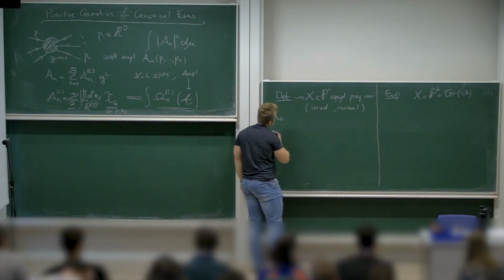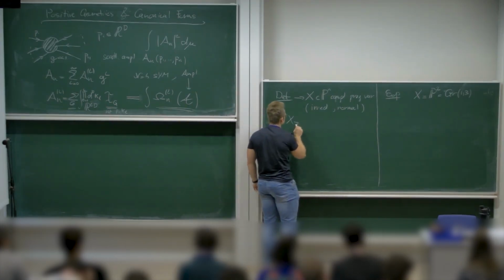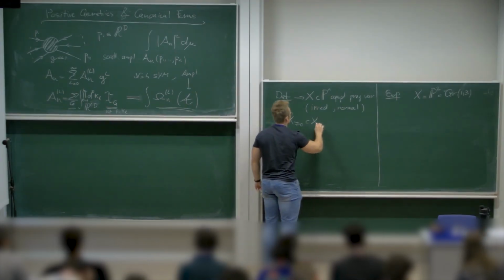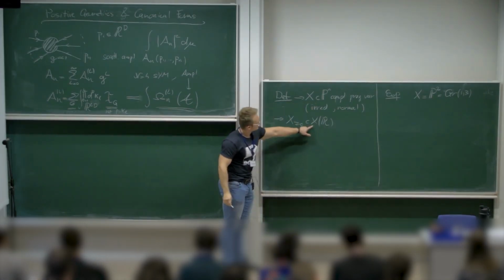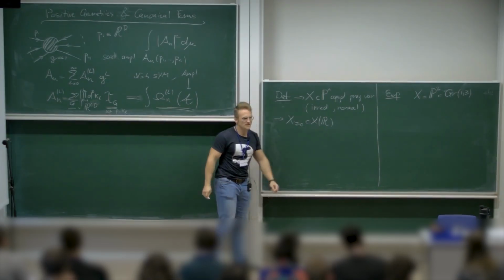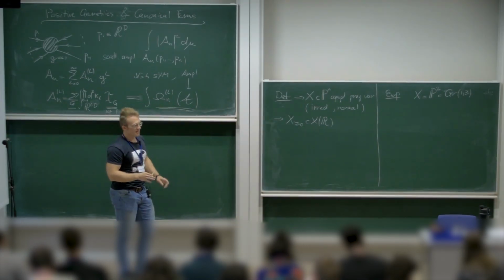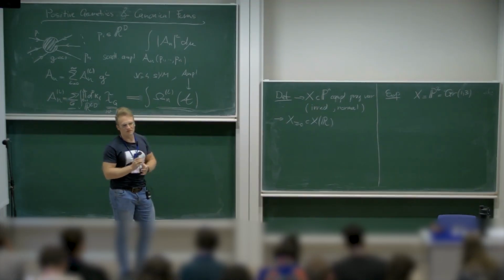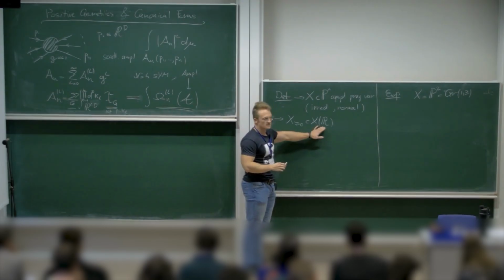The other ingredient is very important: I'm going to denote by this the space of real points of X. So X is cut out by the vanishing locus of homogeneous polynomials. I'm taking these polynomials to have real coefficients, and I'm considering the real solutions to these equations.